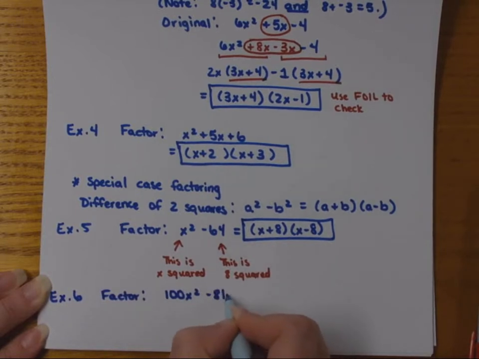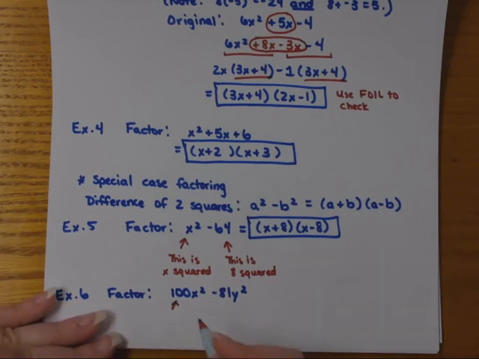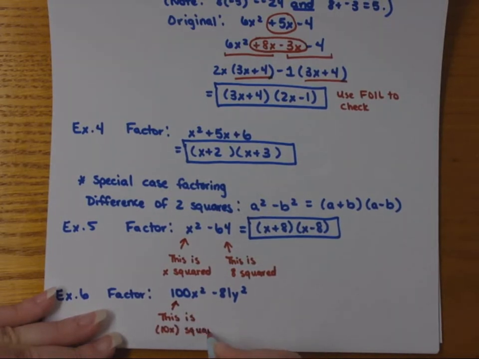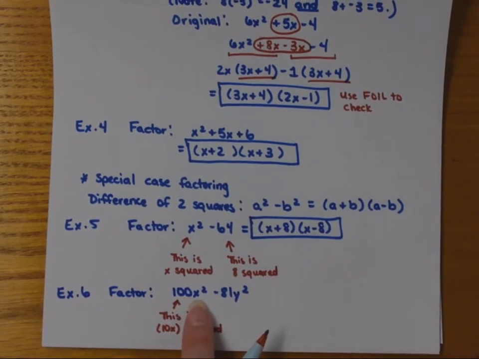So what about one that looks a little uglier, but actually the process is much the same as it was in example 5? First thing, we are subtracting, so it is a difference. You just need to verify that these are perfect squares. Notice 100 is a perfect square, so this is going to be 10x squared, because 10 squared would be 100, and x squared would be x squared.